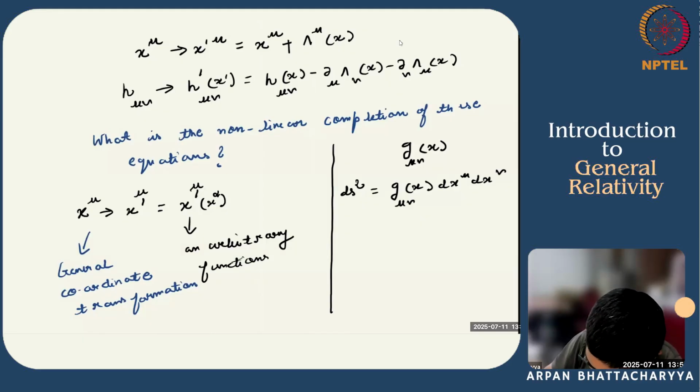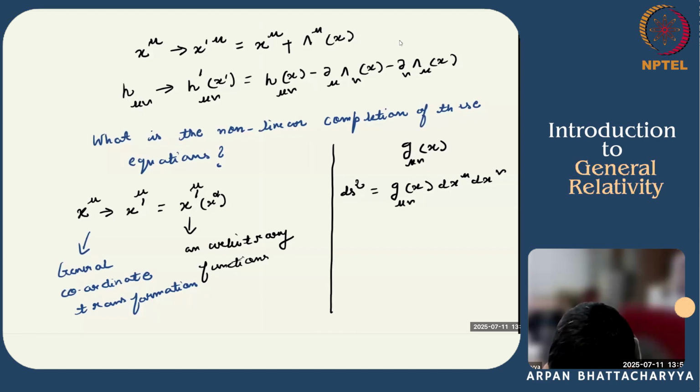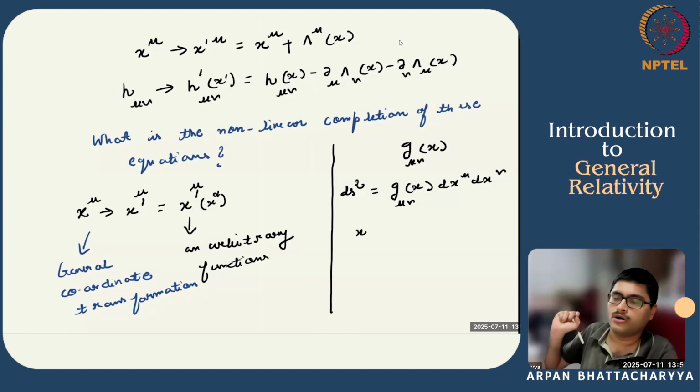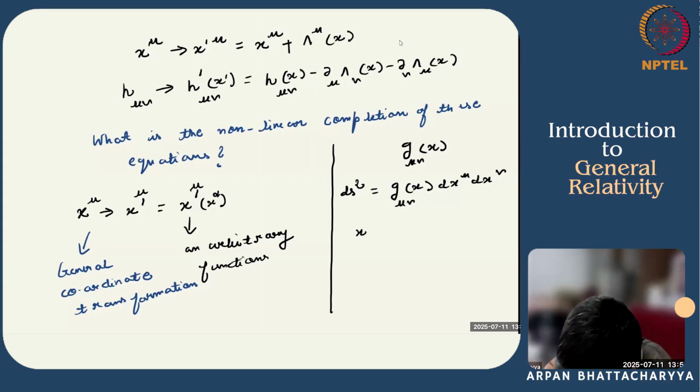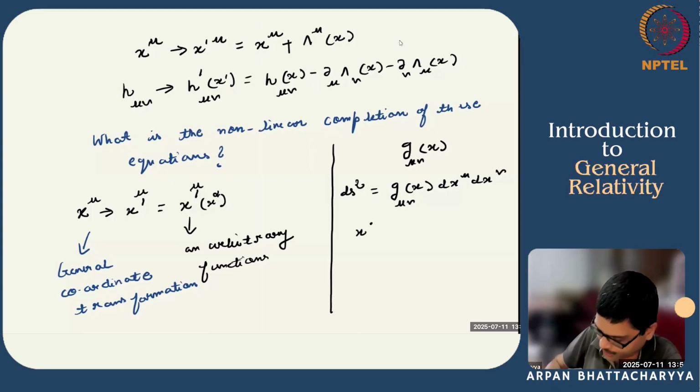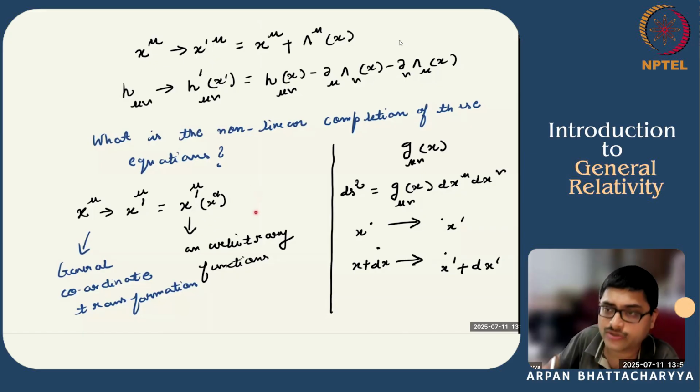Now, if we relabel these two infinitesimally separated points, one of them at x, where again I'm not going to write down the Lorentz index of x, and one of them at x plus dx, we relabel them to x prime and x prime plus dx prime using this general coordinate transformation.